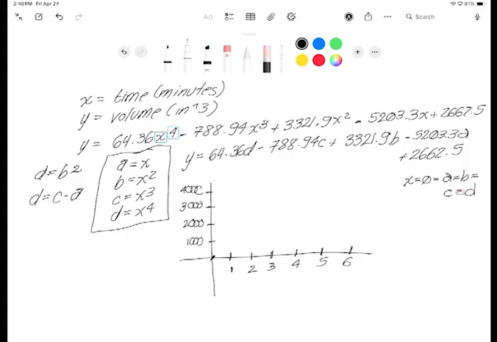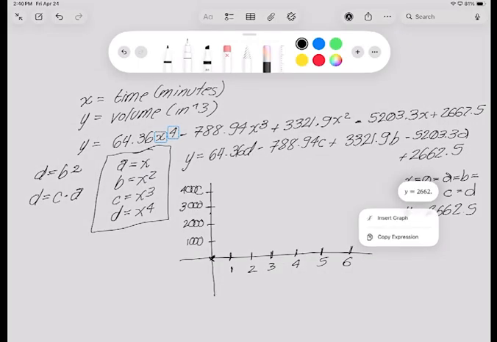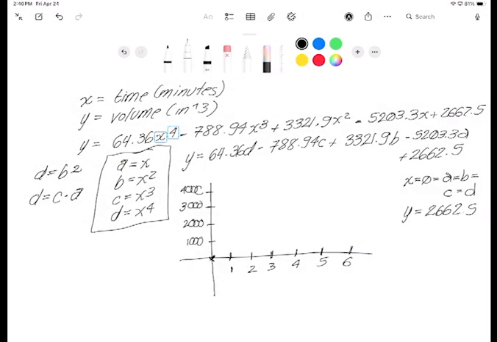And so for 0, we have that y equals 2,662.5. So that's right here. However, this is an outlier because that is more than our spherical aquarium's volume. So I'm going to put it as a little red point so that you can see it a little bit better.